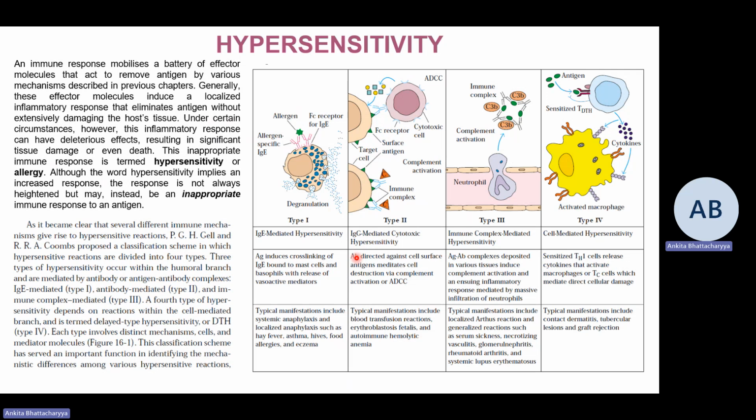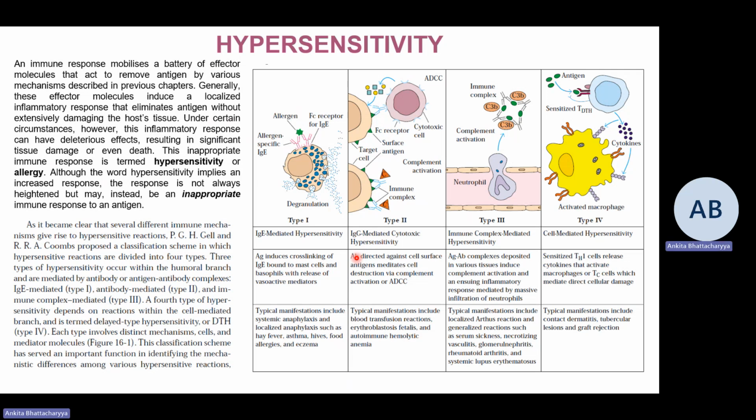The third type is immune complex mediated hypersensitivity. As the name suggests, of course, there has to be antigen antibody interaction. These complexes are deposited in various tissues and they are able to induce the activation of the complement system and then an ensuing inflammatory response mediated by massive infiltration of neutrophils.